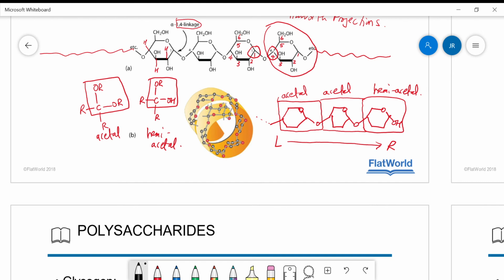Let's move to black just to have a bit of contrast here. So in terms of stability, acetals have a greater stability than hemiacetals, which have a greater stability than aldehydes.